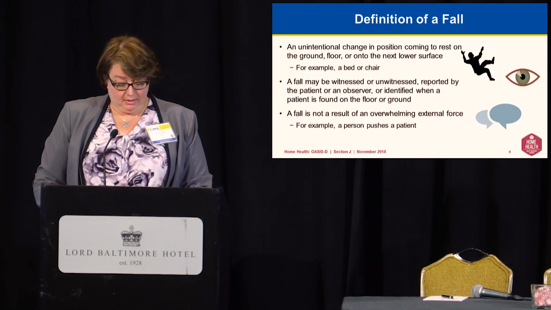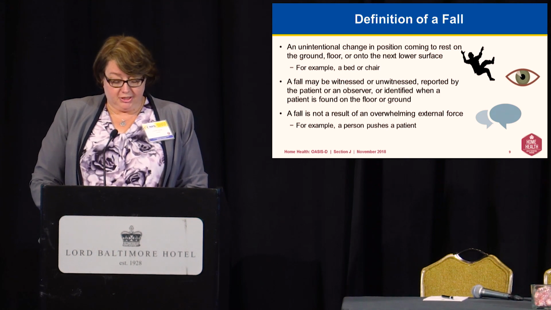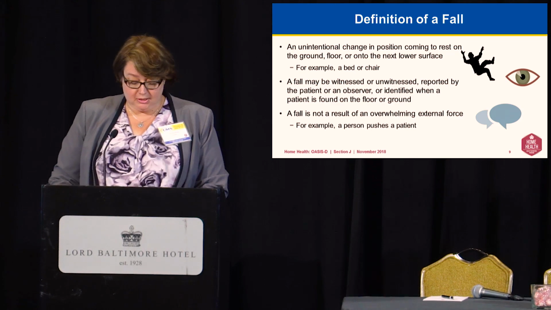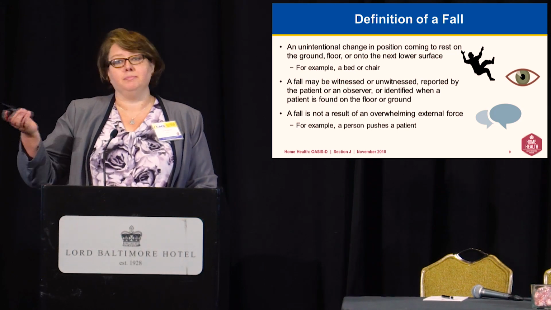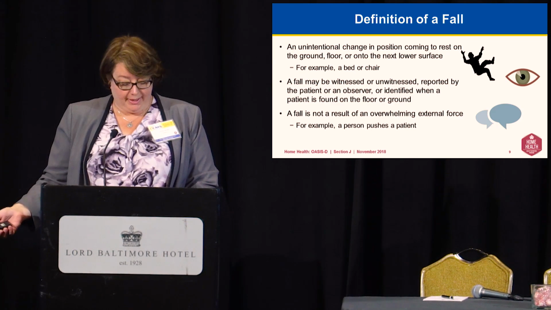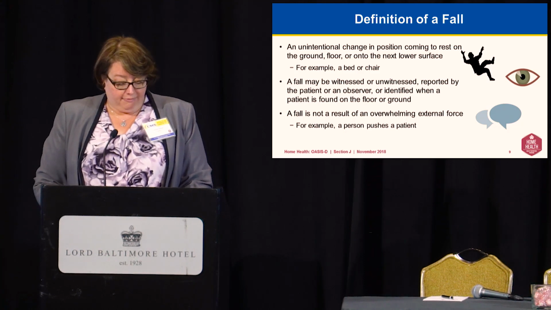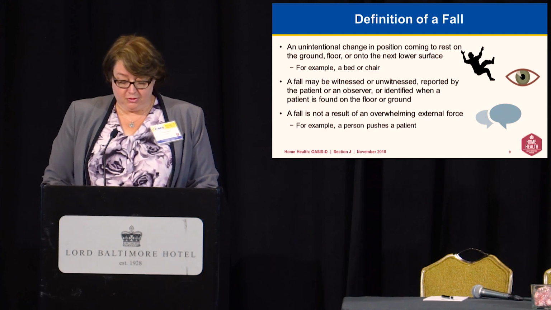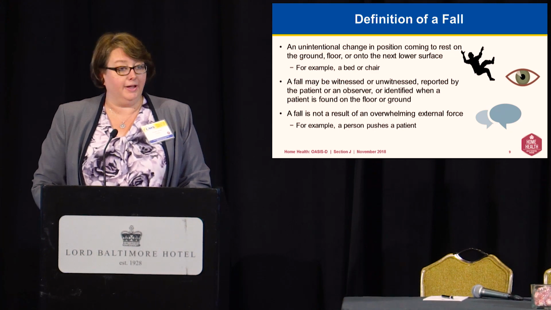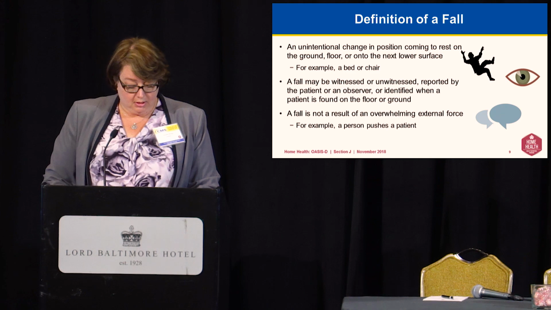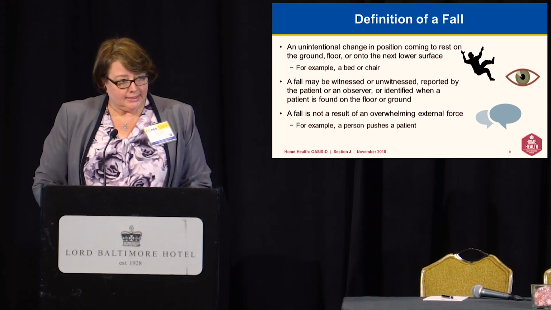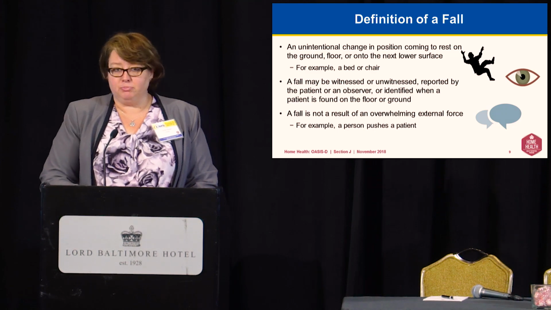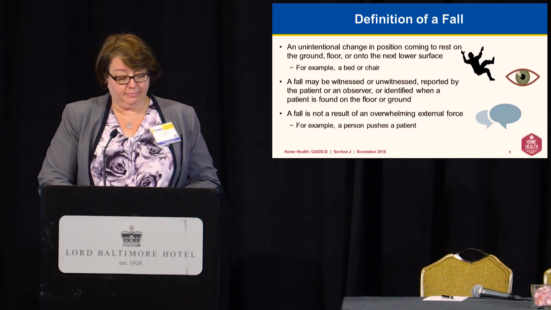A fall is an unintentional change in position coming to rest on the ground, floor, or onto the next lower surface, for example, going from a standing position to a bed or a chair. A fall may be witnessed or unwitnessed, reported by the patient or an observer, or identified when the patient is found on the floor or the ground. A fall is not the result of an overwhelming external force, like when a person pushes another person and they wind up falling.